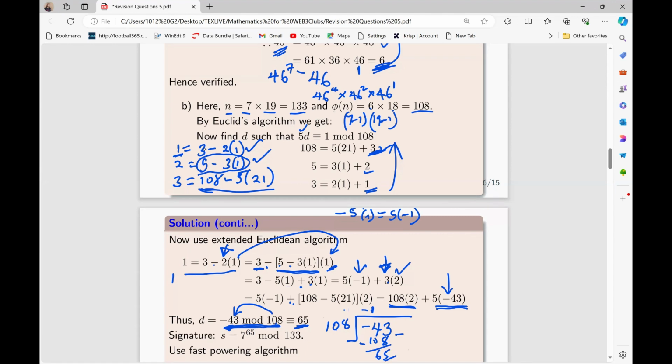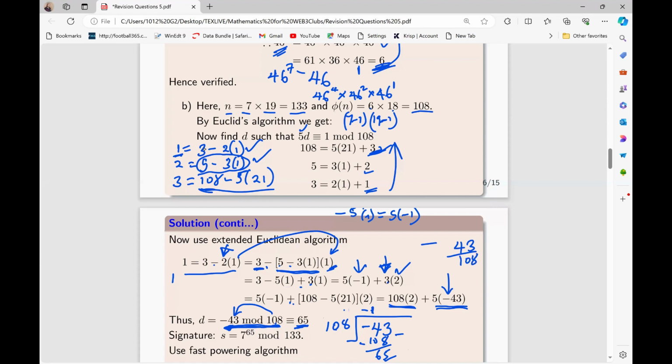And of course, I had told you earlier that if you don't know how to get this negative 1, the easier way I told you is to assume that 43 does not have a negative sign. Then divide by 108.